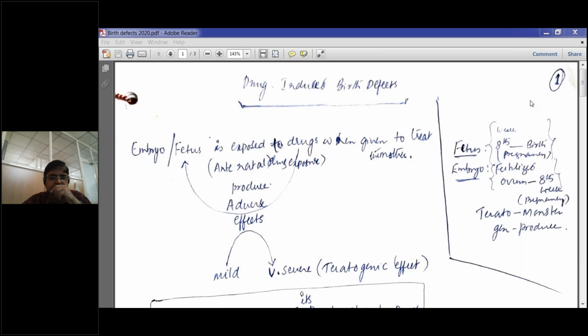We usually use the word mother after she gives birth to the child, and then postnatal care. Initially, I'm speaking initially. Okay. So when a pregnant woman takes the drug, the drug produces the effect. Correct? Yes, sir.